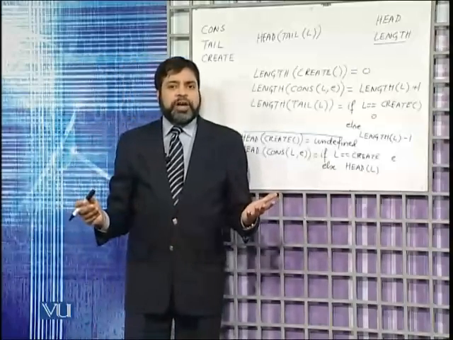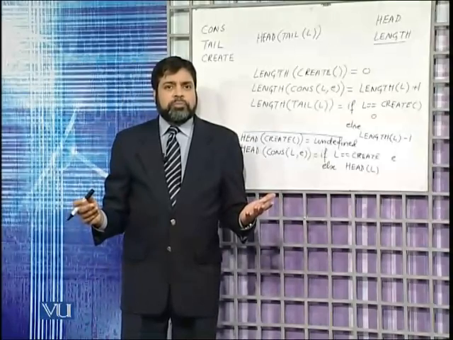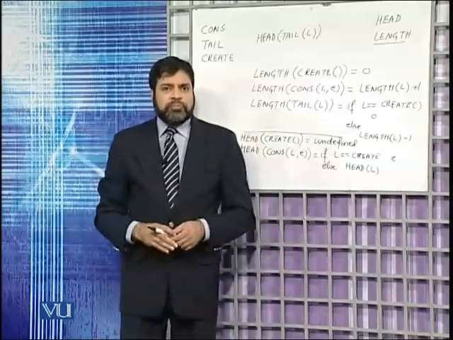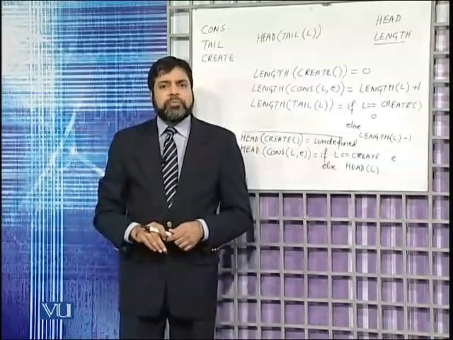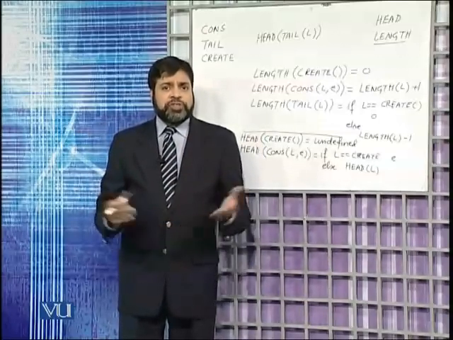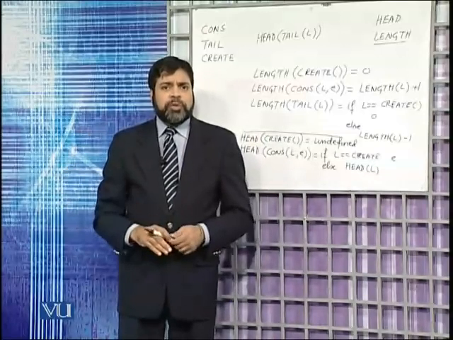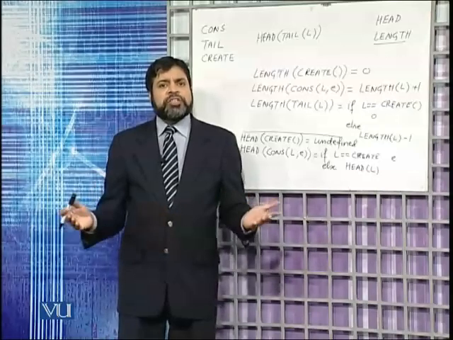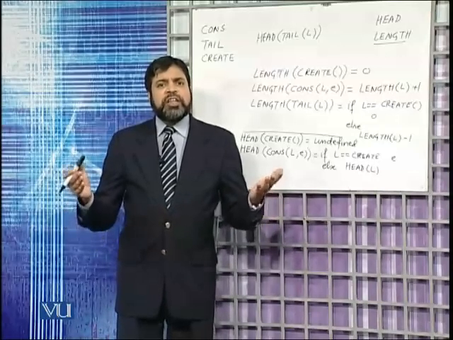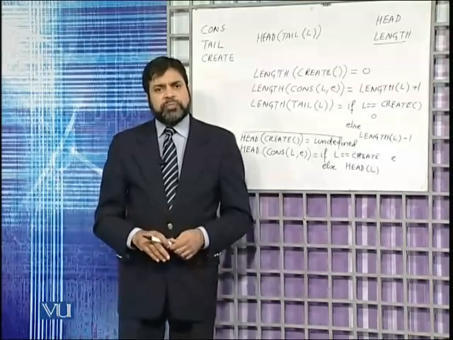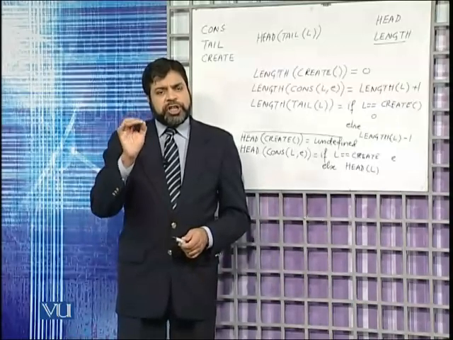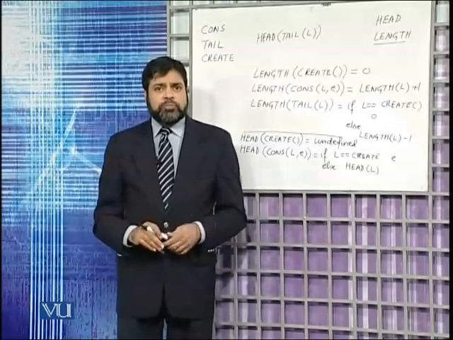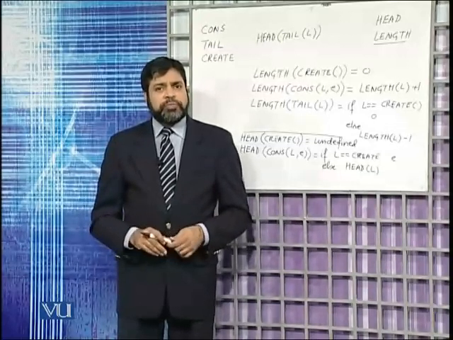What do I get? Head of tail. I take this list L, I chop the top element. This is what the tail operation gives me. I chop the top element and I am given the rest of the list. So what is at the head of the rest of the list? This is the same problem that we had with our stack. We don't know. So we are stuck.